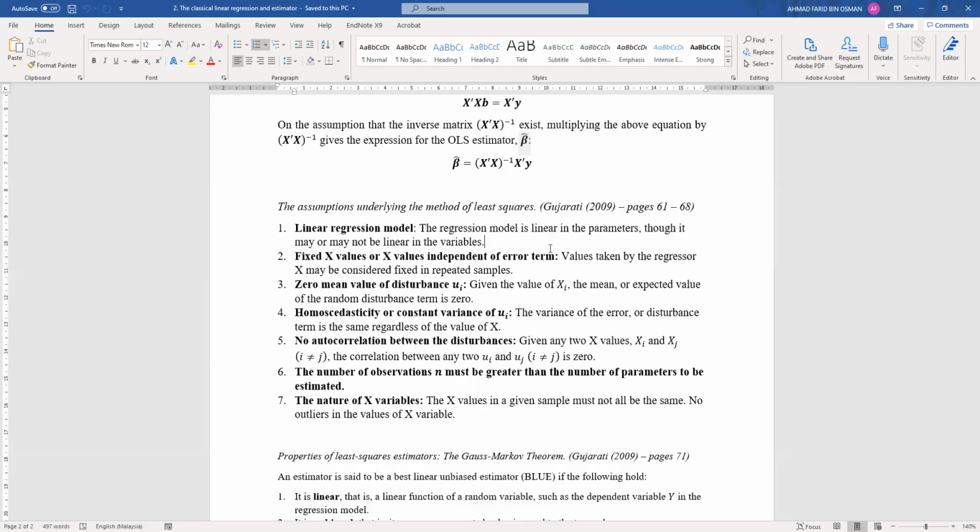Then the second one, fixed x values, or x values independent of the error term. Values taken by the regressor x may be considered fixed in repeated samples. So it requires that x must be fixed in repeated samples. You perform sampling at different points of time. You repeat the sampling.